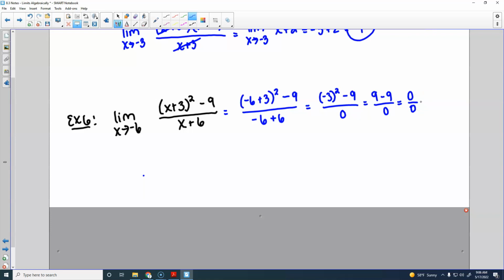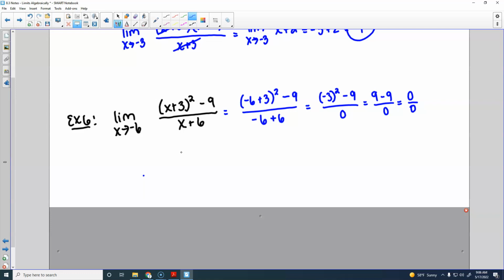So that's why a lot of times people quit checking for it, because it ends up being 0 over 0 so often. But we don't want to quit checking. So in this case, I can't cancel anything. And I can't really factor because I've got that (x plus 3) squared.